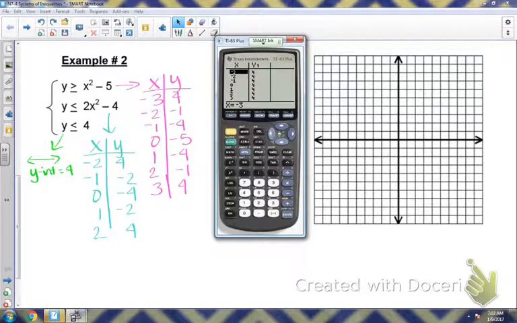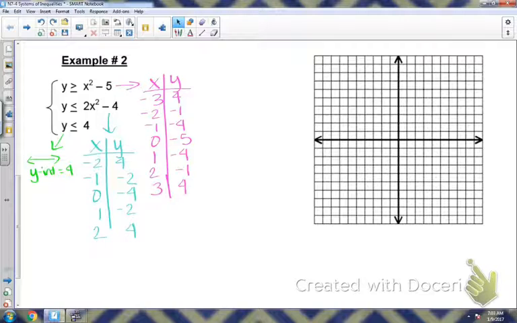Okay, so let's start graphing them. We'll start with the first one. So we have negative 3, positive 4, negative 2, negative 1, negative 1, negative 4, 0, negative 5, 1, negative 4, 2, negative 1, and 3, 4.